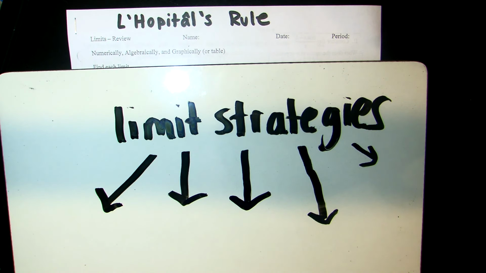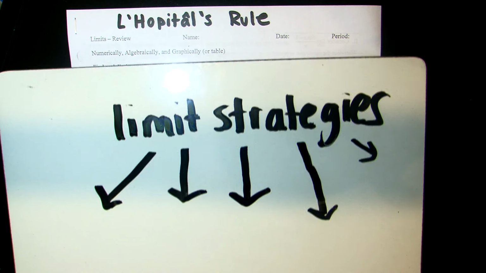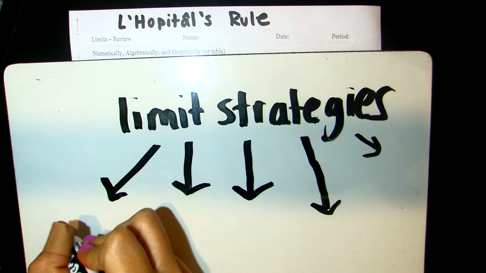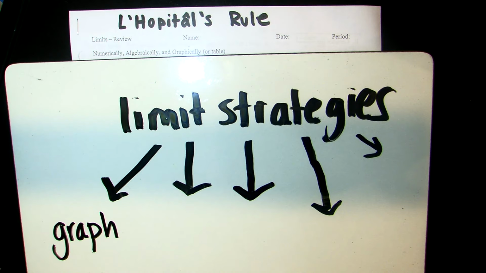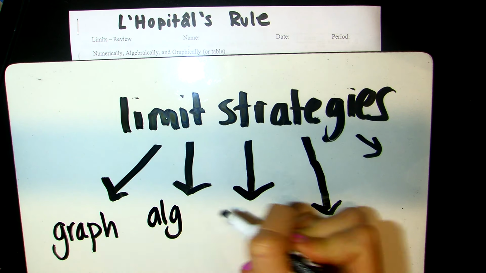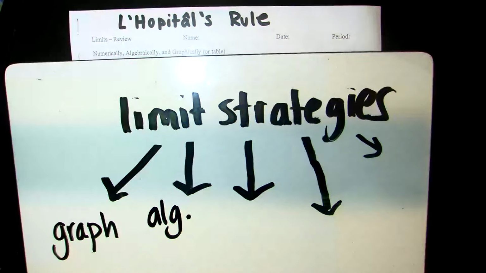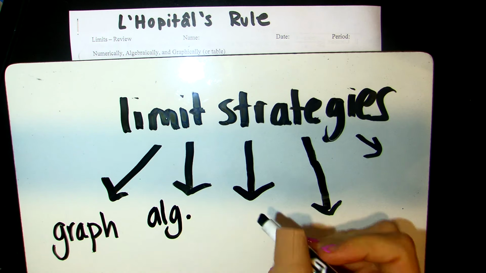So limit strategies. We learned this when we first met in August. It was the very first thing we started with. Some problems we had to graph. Some problems we did some algebra, and by algebra, I specifically mean factoring.